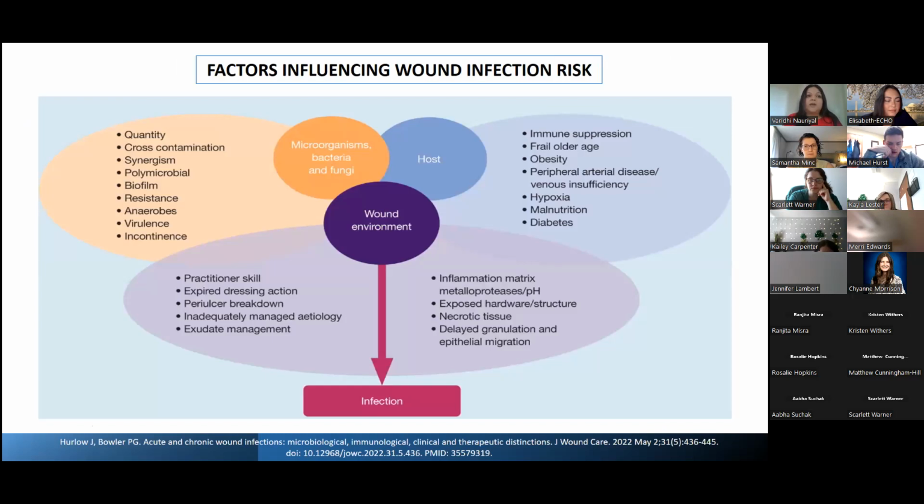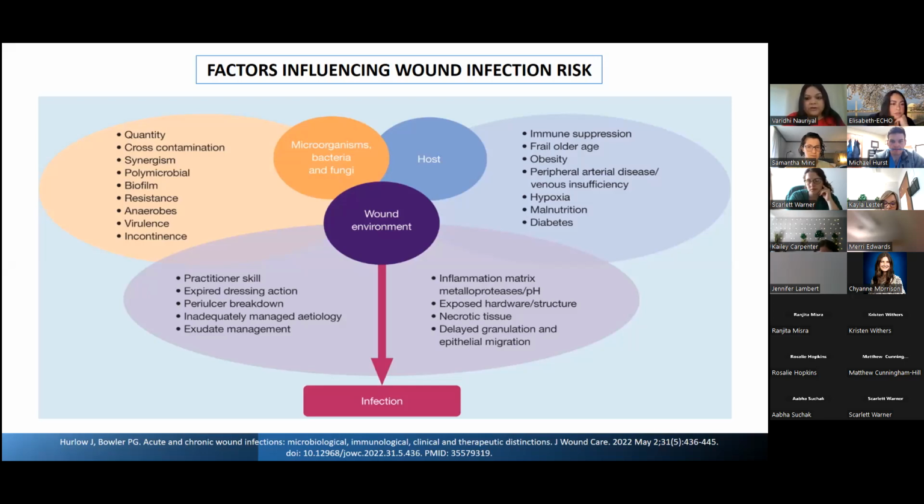Whenever we evaluate a patient with wound infection, we're always trying to decide what factors are putting this particular patient at risk for wound infection. There are host factors, wound factors, and factors related to the pathogen itself.